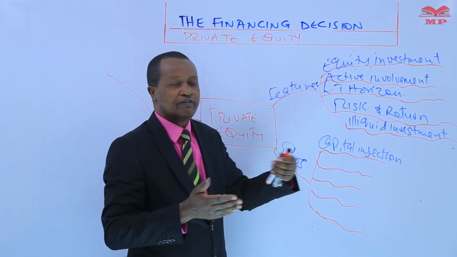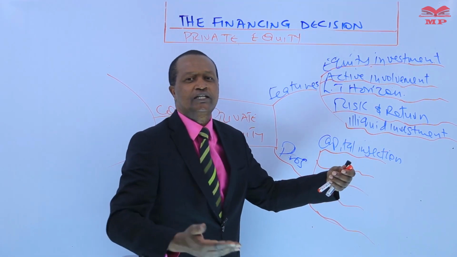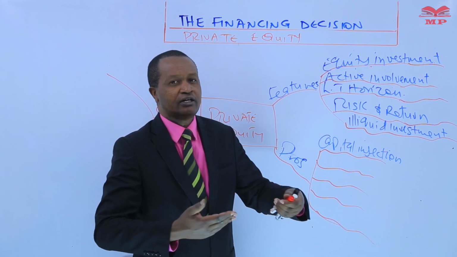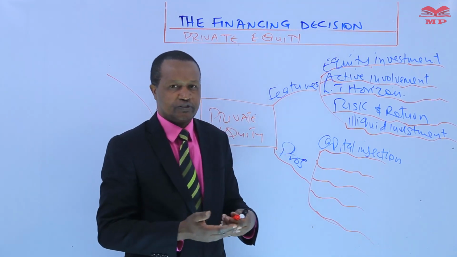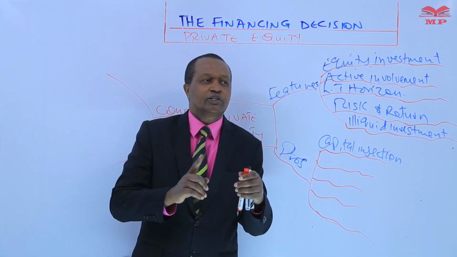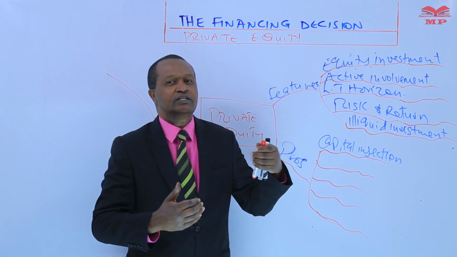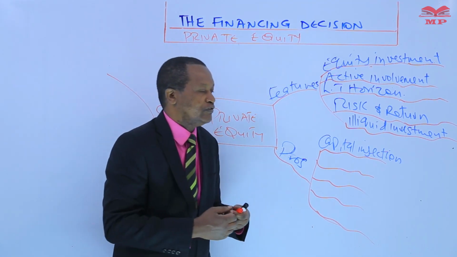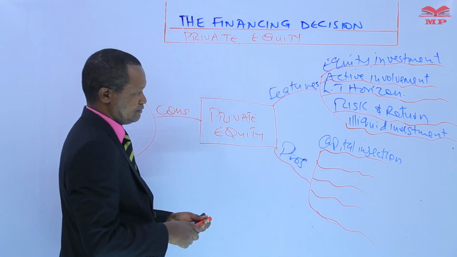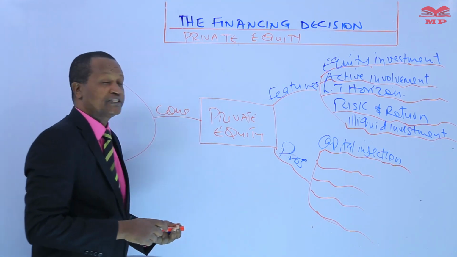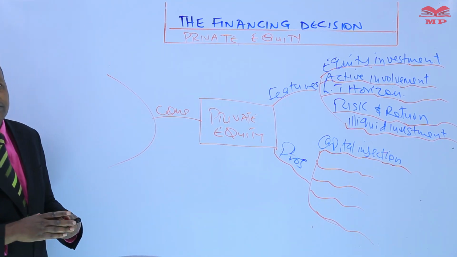By having these capital injections, the company can easily grow, the company can expand, the company can have what we call strategic initiatives, and that is particularly valuable for businesses that are in need of substantial funding. That's the first benefit.